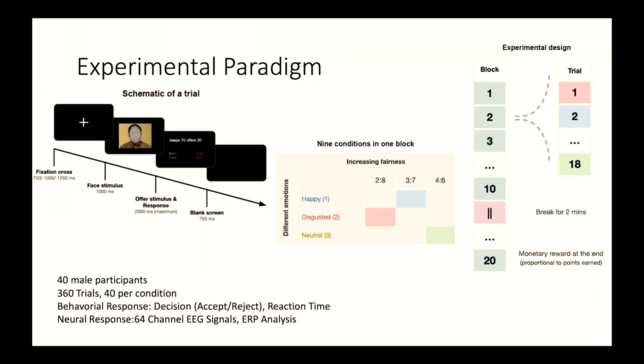Then you see the offer, for example, here keeps 70, offers 30. That means you are getting a sort of medium, intermediate offer. Then the receiver can choose to accept or reject the offer.